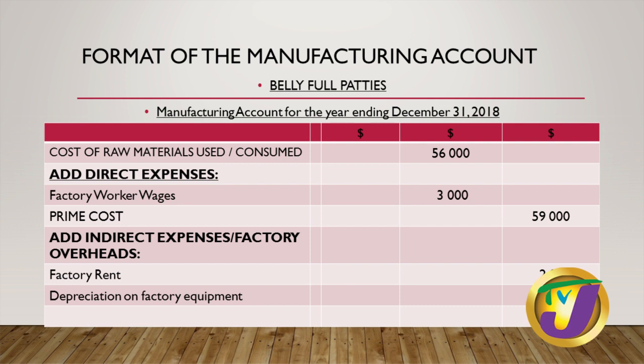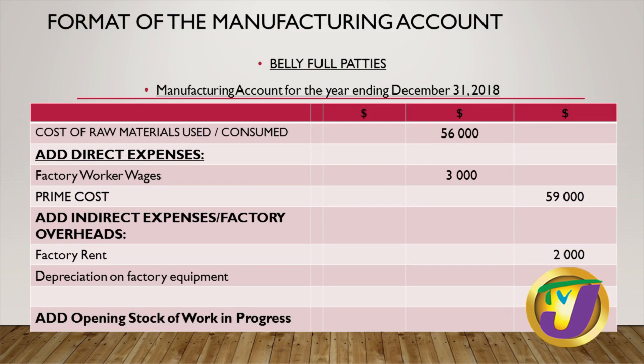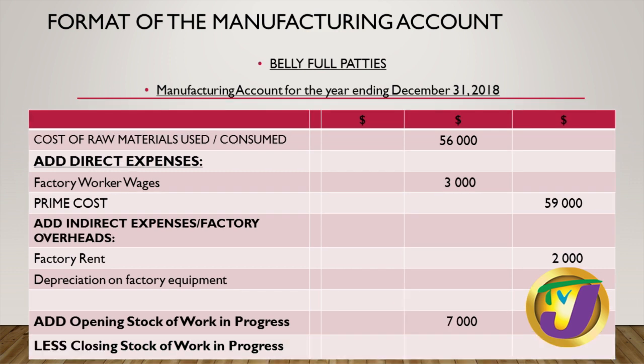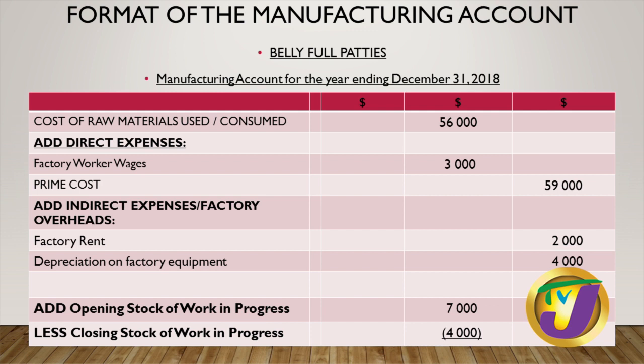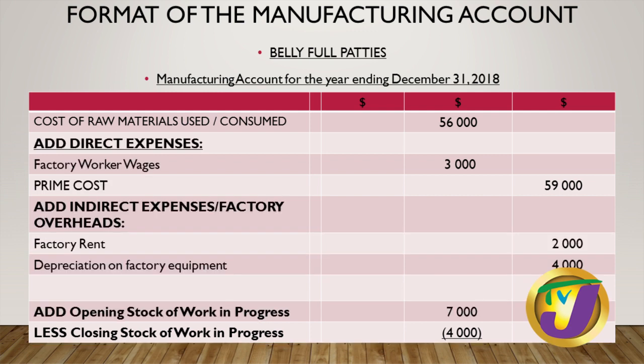It simply means that if there's work in progress in the question, you would then add opening stock of work in progress right below that $65,000. And in this case, opening stock of work in progress is $7,000. From it, I am then going to less closing stock of work in progress, and that amount is actually $4,000.